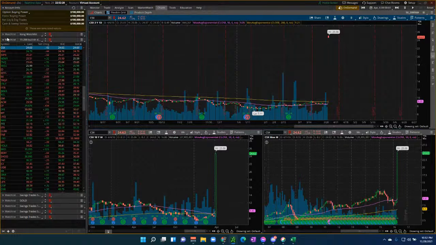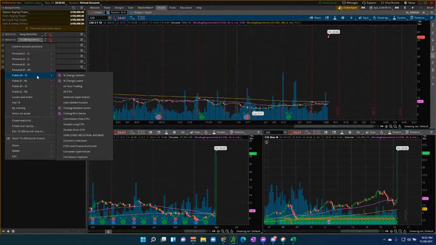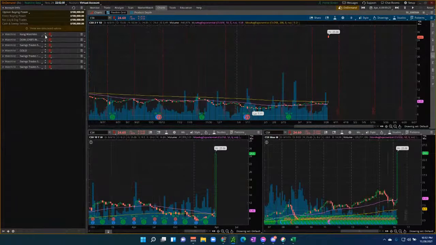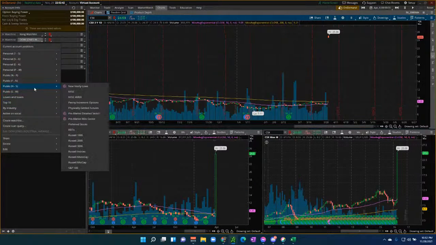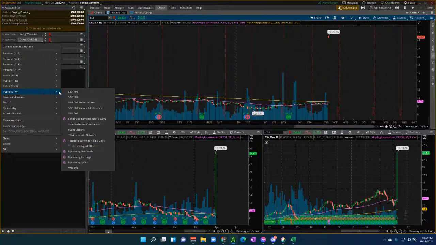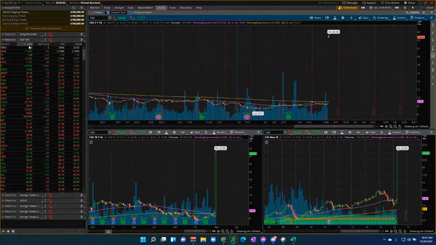Now, we could even go as simple as looking at one of the public ones that they have. Maybe you just look at the top gainers, or just look at the S&P 500, which is 500 stocks, and just trade those.